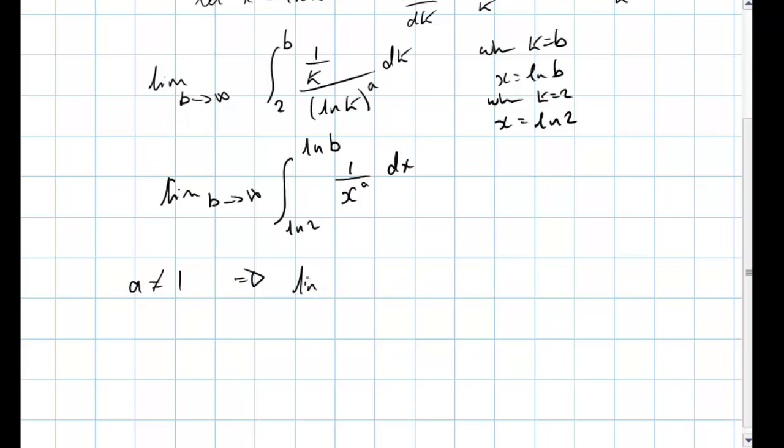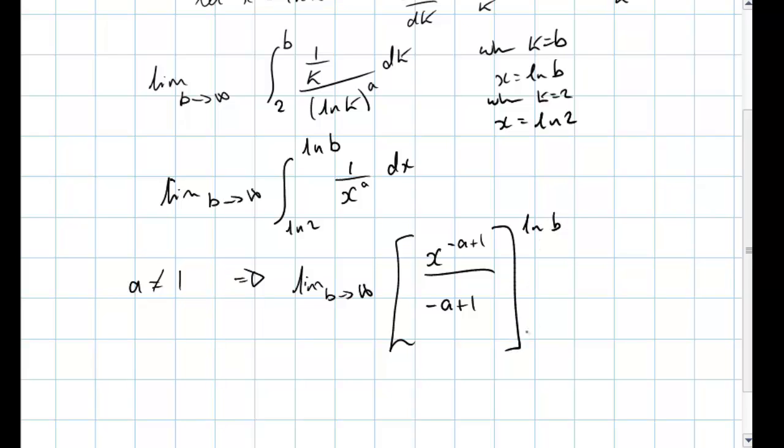We've got the limit of b approaching infinity. So that would now be thought of as x to the minus a, so we add 1 to the power, so we get x to the minus a plus 1, and divide by the new power, which is minus a plus 1, and that's going to be evaluated between the ln of b and the ln of 2.